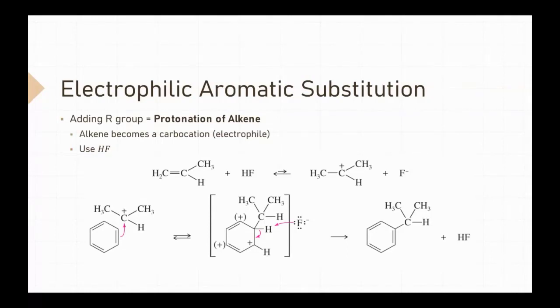Now, what happens here is this alkene will become a carbocation, right? It becomes your electrophile. Now, your electrophile can be reacted with the benzene ring and make an R group attached to the benzene ring, right? And F is just there to deprotonate it and reform the double bond.